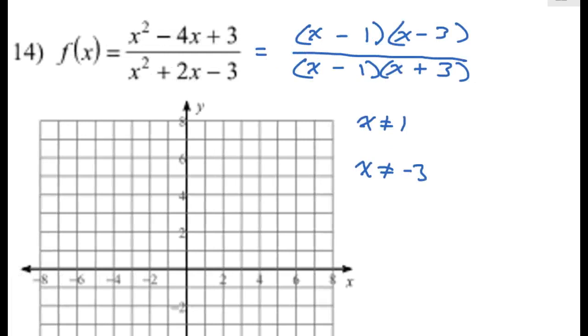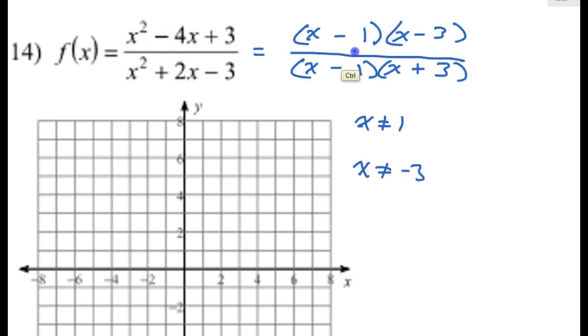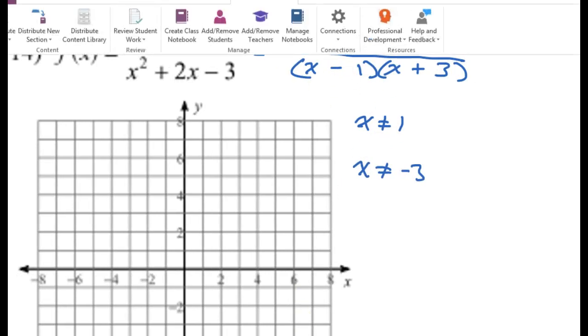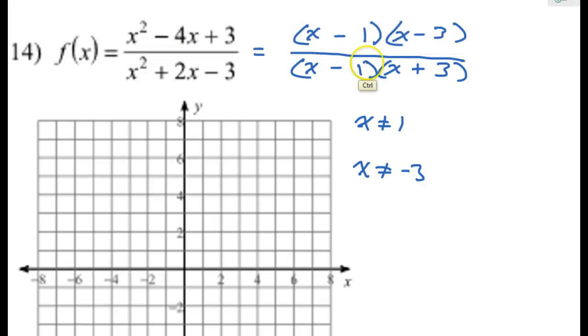Now, the x minus 1, we have the same factor in the numerator and the denominator. So that makes this a removable discontinuity.